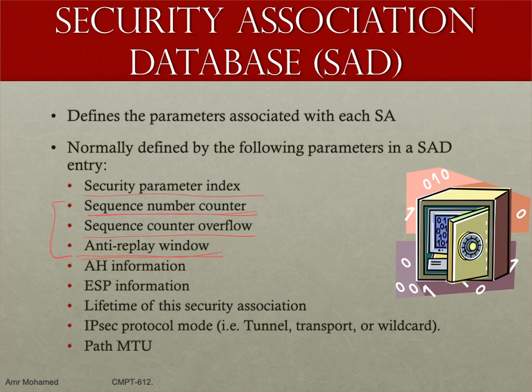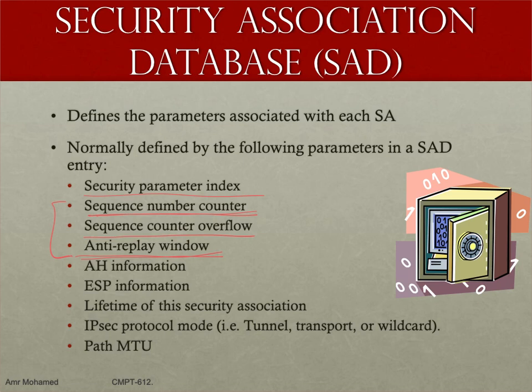And that's interesting because we know the window technique is used in TCP for what? The window technique is used in TCP for flow control, right? Here it's used for security, which is an interesting dimension. Why?